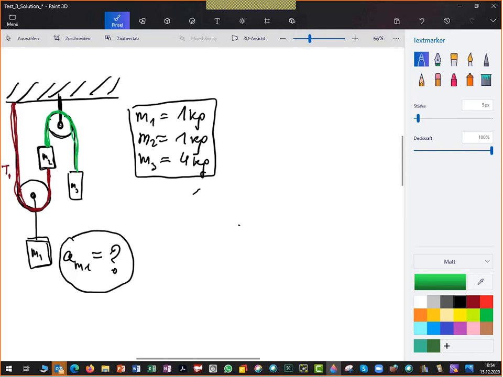And by the way, I'm pretty sure that T1 and T2 will not be identical to each other, because otherwise the mass M2 would maybe not move, or it would just move by free fall, which is not very probable. So this is the first consideration I would suggest, that we see that in our system there are actually two different tensions.